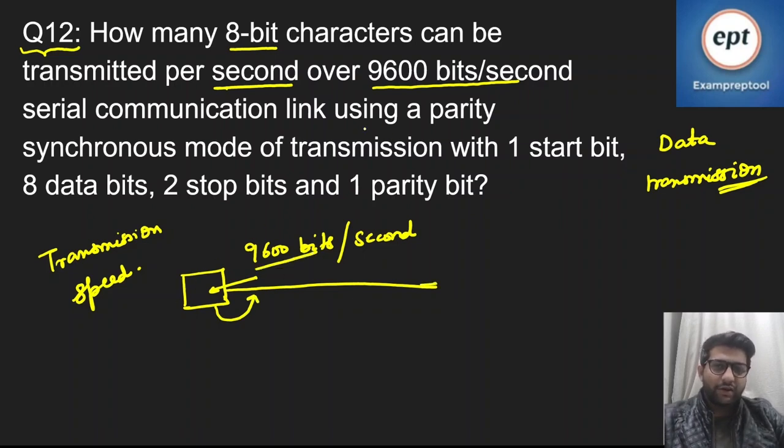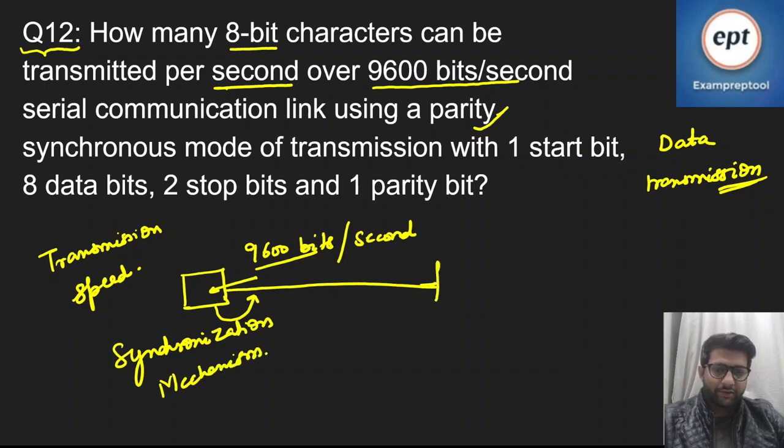Now, this particular serial communication link uses a synchronous mode of transmission. So we also need a synchronization mechanism. If these two interfaces are communicating with each other, there should be a mode to synchronize these two interfaces.